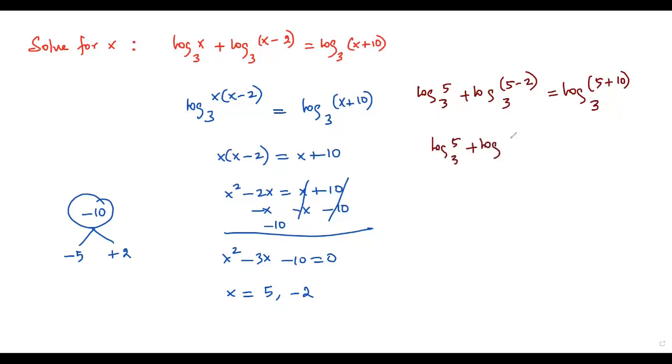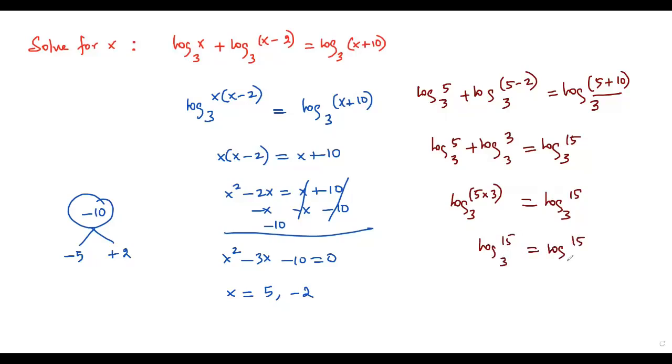On the left, two logarithms are added with the same base, so by the product rule we multiply the arguments. 5 times 3 is 15, so log of 15 to the base 3 equals log of 15 to the base 3. The left side and right side are equal, so the equation is satisfied by x equals 5. So x equals 5 is an accepted solution.